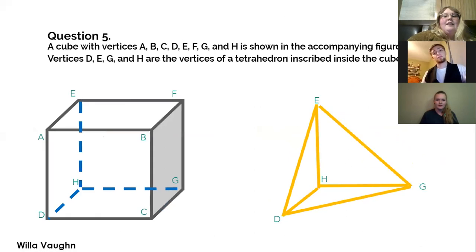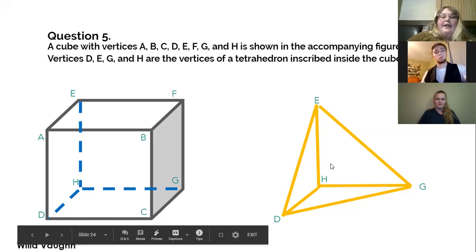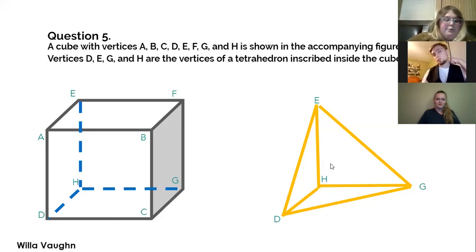Okay. So what a tetrahedron is, we're going to go back to question 5, module 2. A tetrahedron is a triangle pyramid, and it's a polyhedron that's composed of 4 triangle faces, 6 straight edges, and 4 vertices. So this little pyramid right here is going to move inside of that cube.